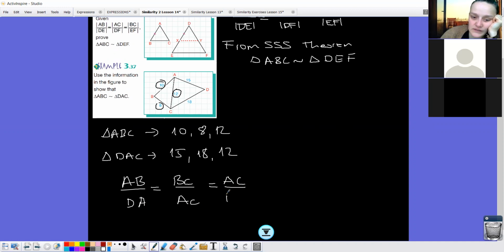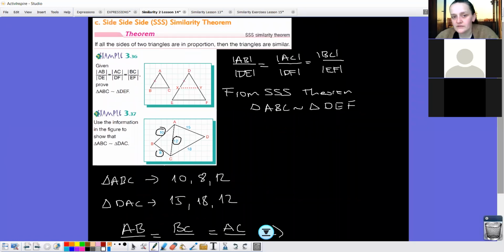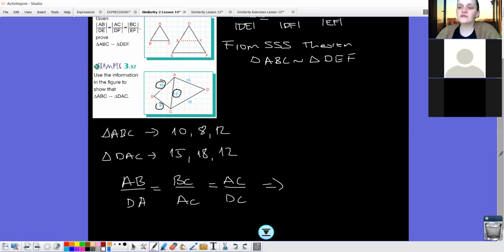But teacher, we don't have a common angle here. We are trying to find the sides. We are not looking for the angles. Side, side, side. We are trying to find that all the sides are in proportion. They have the same ratio. So AB is 10. Here I'm checking if they are equal to each other.